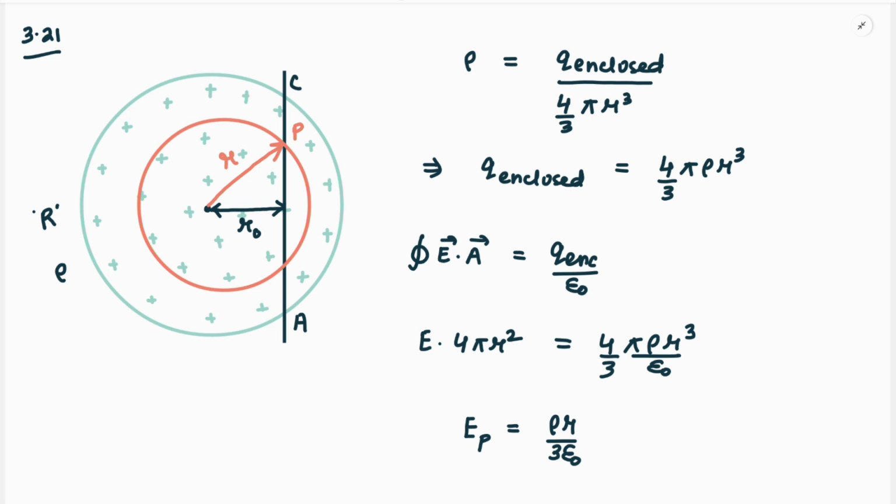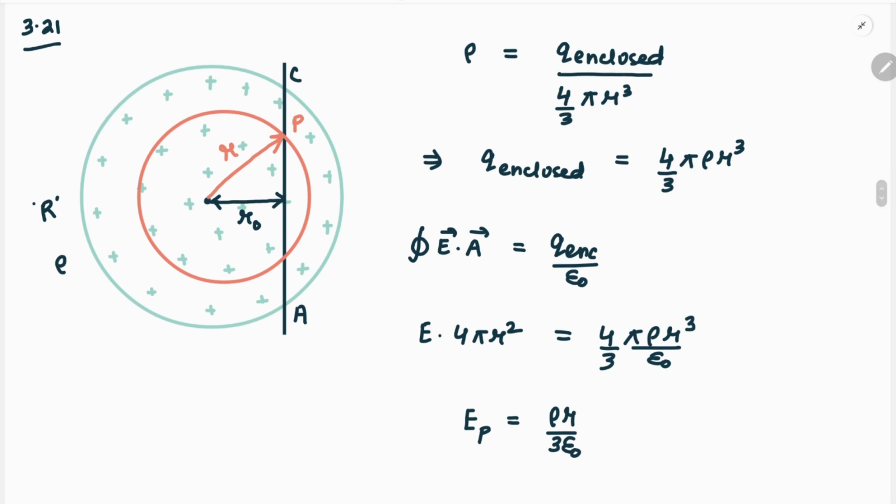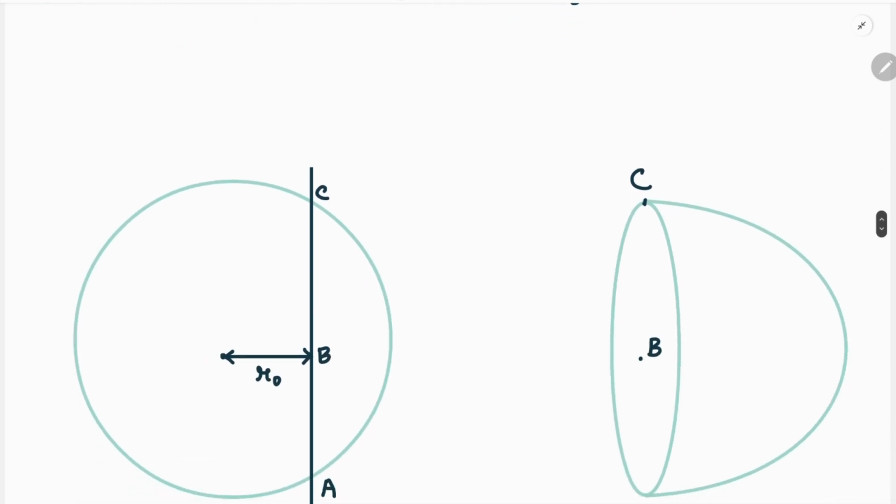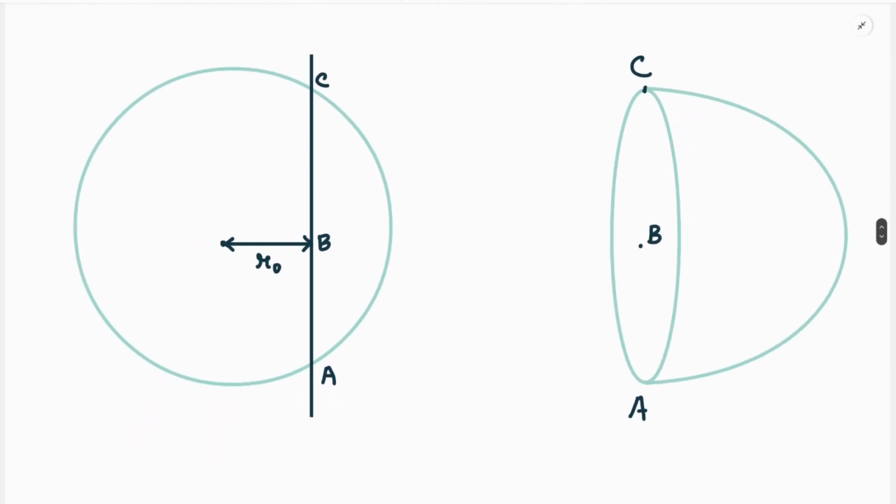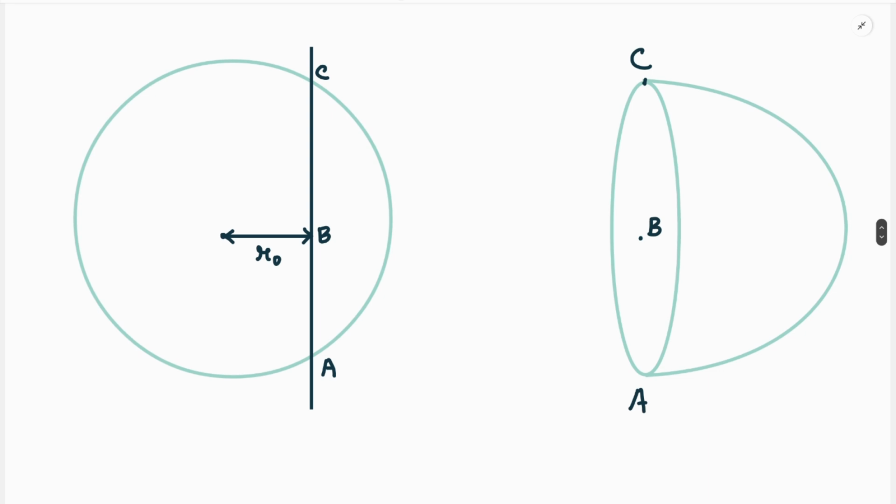Now the problem is asking us to calculate the electric flux through this plane, which is at a distance r0 from the center. Let us understand the situation like this. At this point, which is at a distance r, we have calculated the electric field, E vector, directed away.